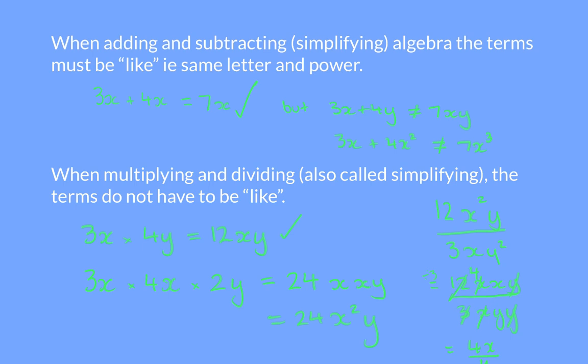So we get 12xy. You need to be really careful that you do all the multiplying together. So if we had a 2 out the front, if we had 2 times 3x times 4y, then this would be 24xy.